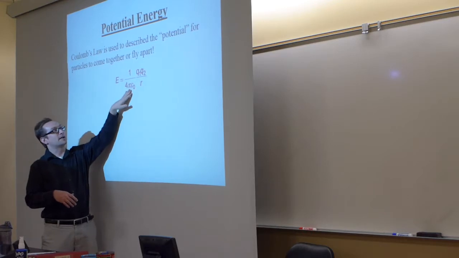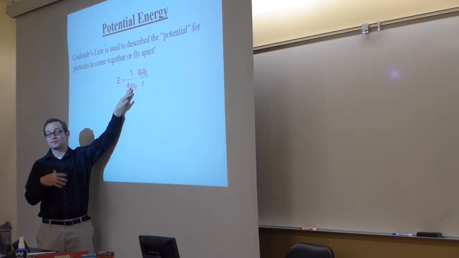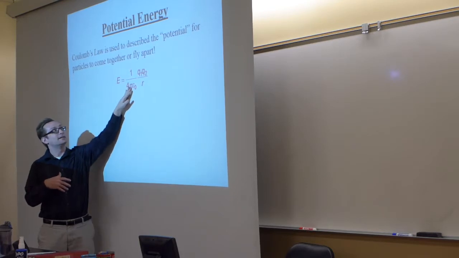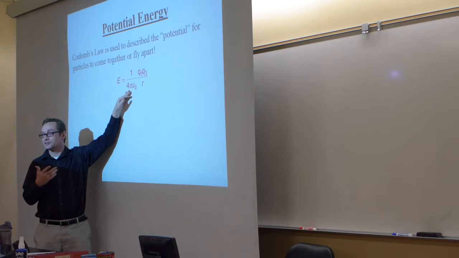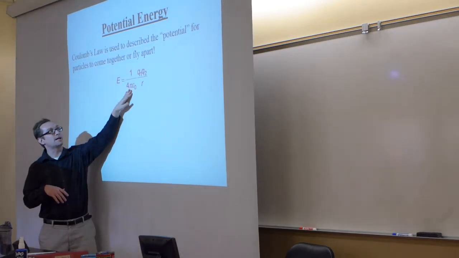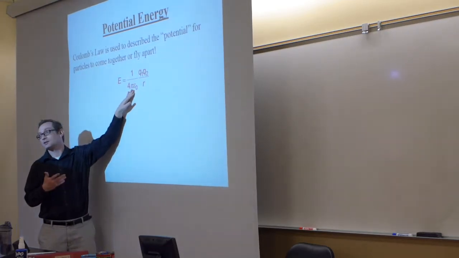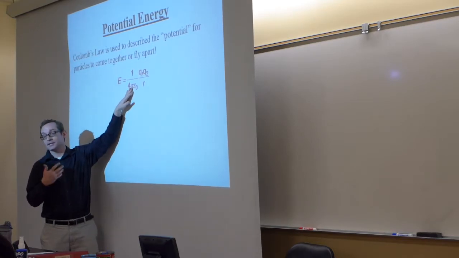This 1 over 4 pi epsilon, in physics, I believe the form of this equation changes a little bit, and they use some constant called K. If you've had physics before, does that look familiar and sound familiar to you? If not, don't worry about it. So this 1 over 4 pi epsilon is a constant. This 4 times pi obviously is a constant.